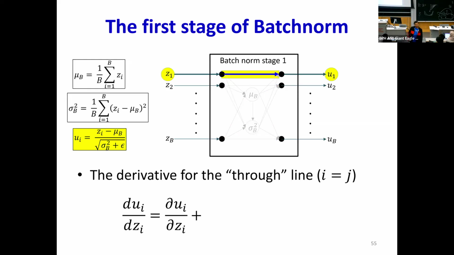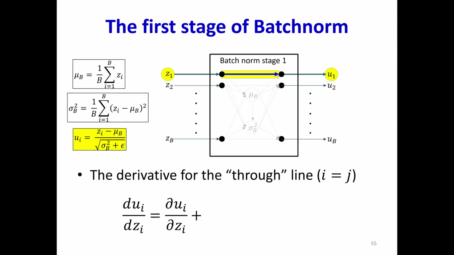And so you have one component, which is the partial of U with respect to Z through the direct path, right? So Yulin, can you give me another path? Over here, how perturbing Zi could influence Ui. Can somebody else help her? Is it mu? Okay, so this is going to be through the mean.